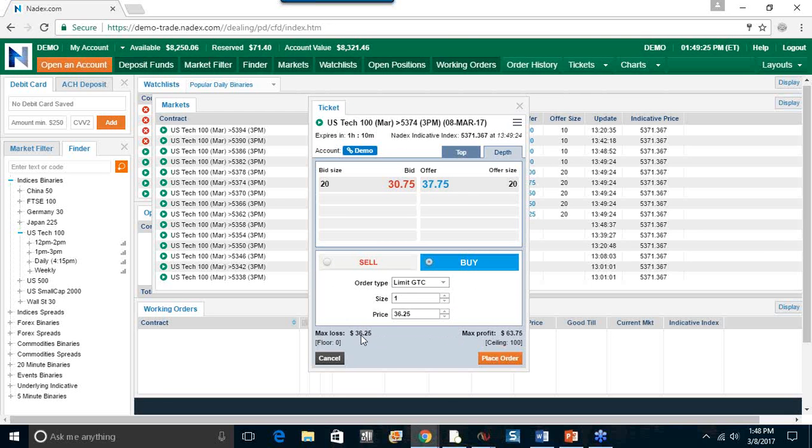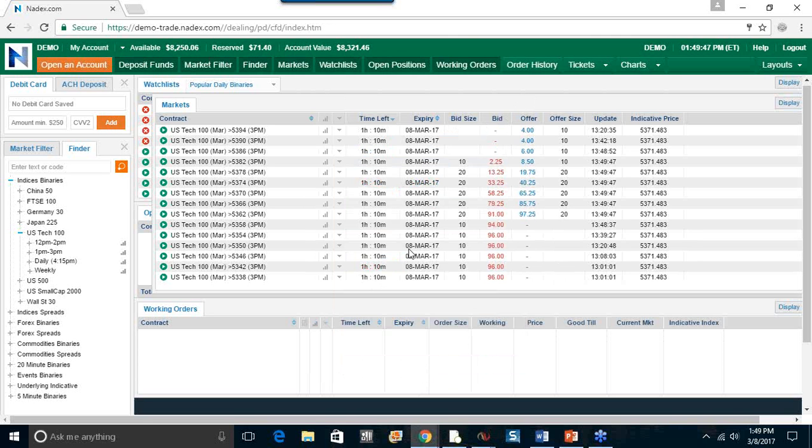If I hold it to expiration and it expires profitable, I can make how much? 63. Or I could buy it for 36, and what if it gets up to 70? And I just want to exit at 70 and take my $35 profit. I can exit early whether it's going for me or against me. So I've got a lot of different options there, right?